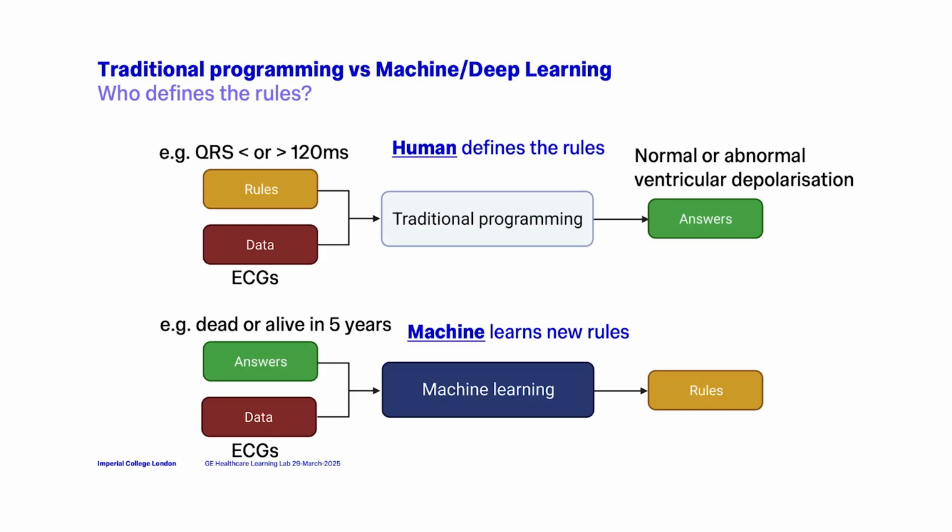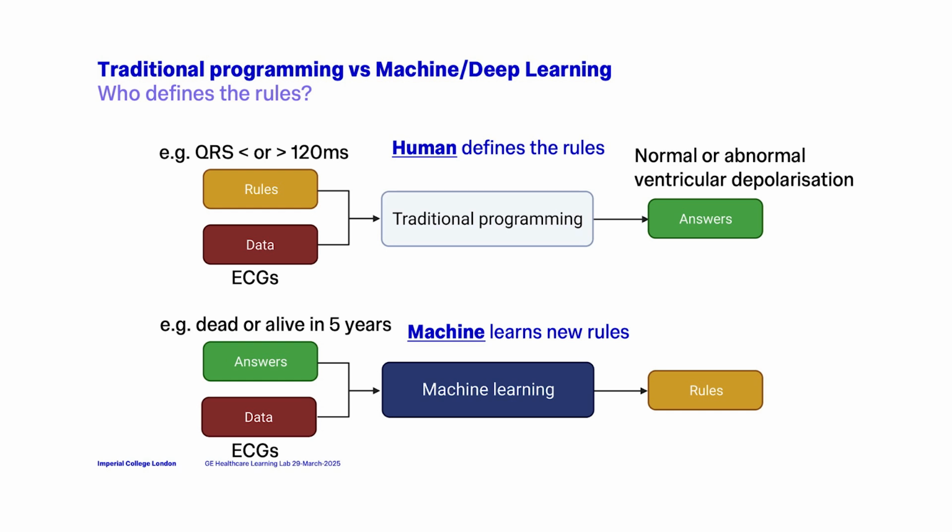For machine learning and deep learning, this flips the paradigm on its head entirely. It doesn't care what the human knows or does not know. So instead of feeding rules and data, we feed it a lot of data and a lot of answers. For example, you might feed a lot of ECGs into the model, and you might also give it an answer to say whether the person's dead or alive in 5 years.